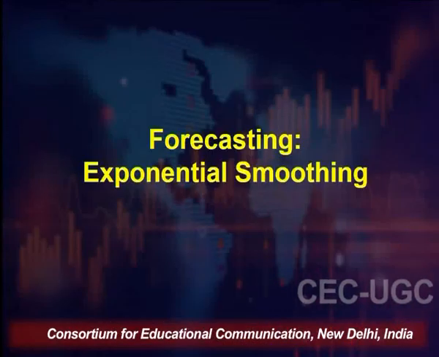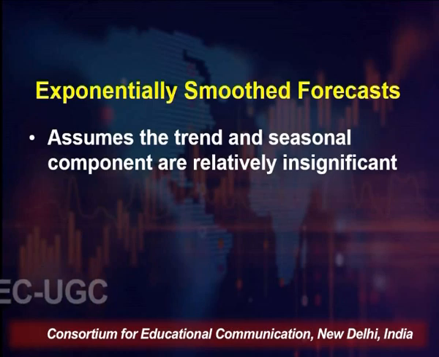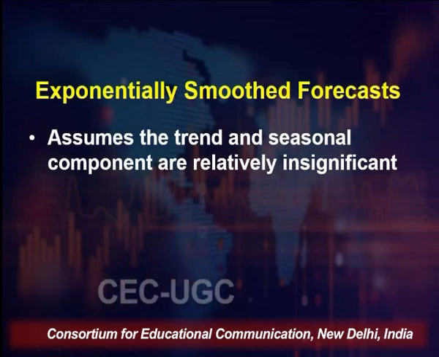Now the second step after understanding the pattern is exponential smoothing, where we go for forecasting, and we assume the trend and seasonal components are relatively insignificant. The seasonal component is basically ignored because it is very short-lived. For the time being, it has a reflection in the data.